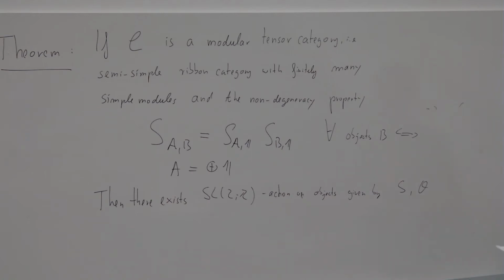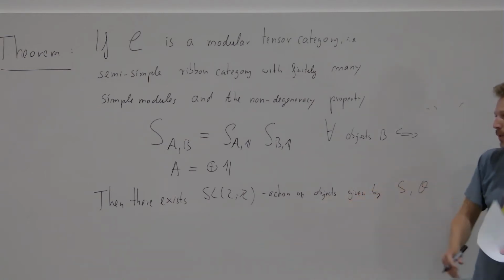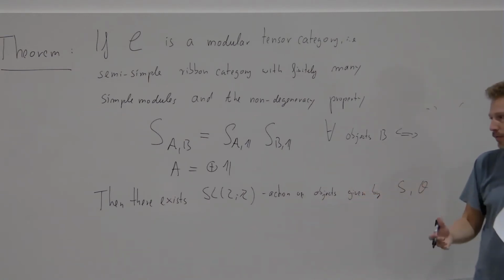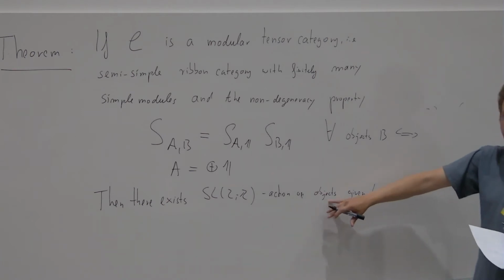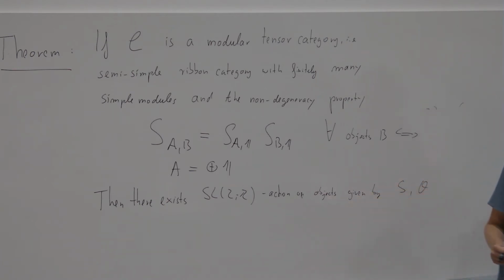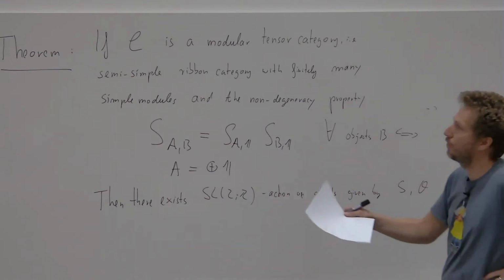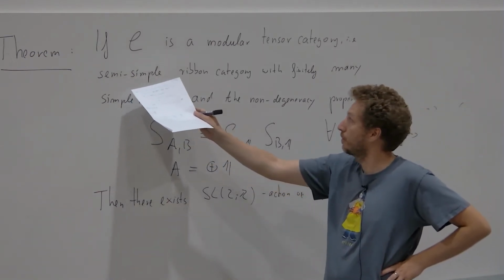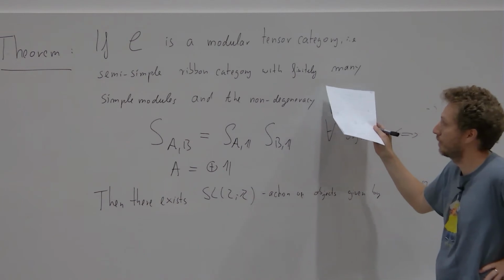And what I mean by action on objects is you take the vector space that has a basis, the simple objects of the category. And this is the theorem. It turns out you can drop the semi-simplicity condition, but you have to keep the finiteness condition.